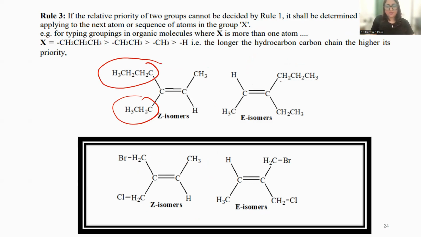But here, in case of E, CH2CH2CH3 has higher priority than CH2CH3. In the Z isomer, here bromine is there, here is chlorine. Both have high priority. They are on the same side, zusammen. But here, you have to check the priority. Higher priority, this one. This is CH3, this is bromine. But here, hydrogen in this.